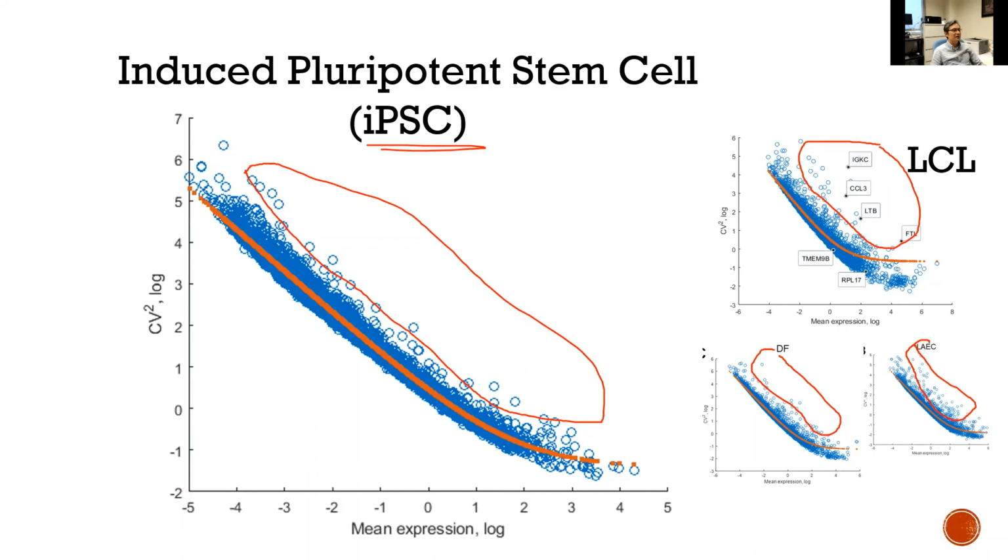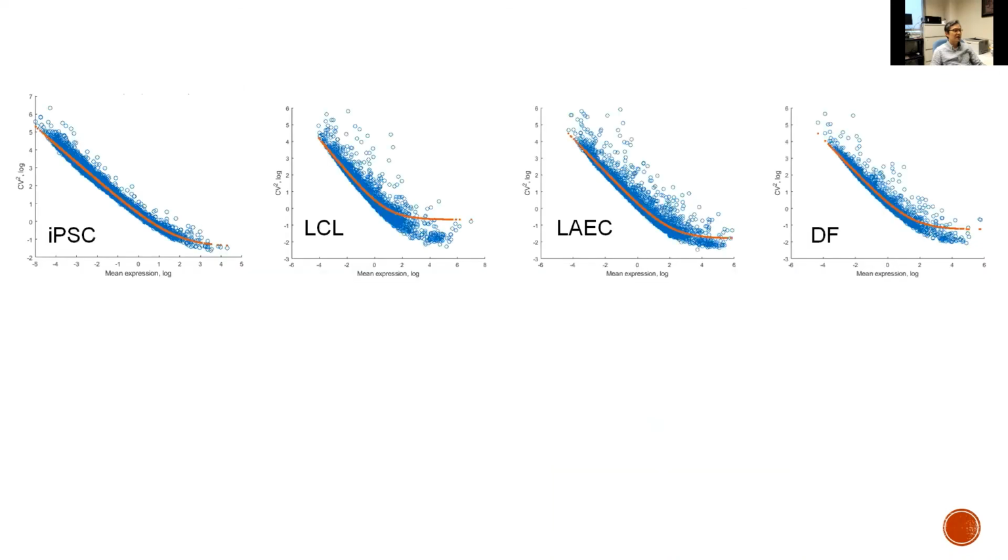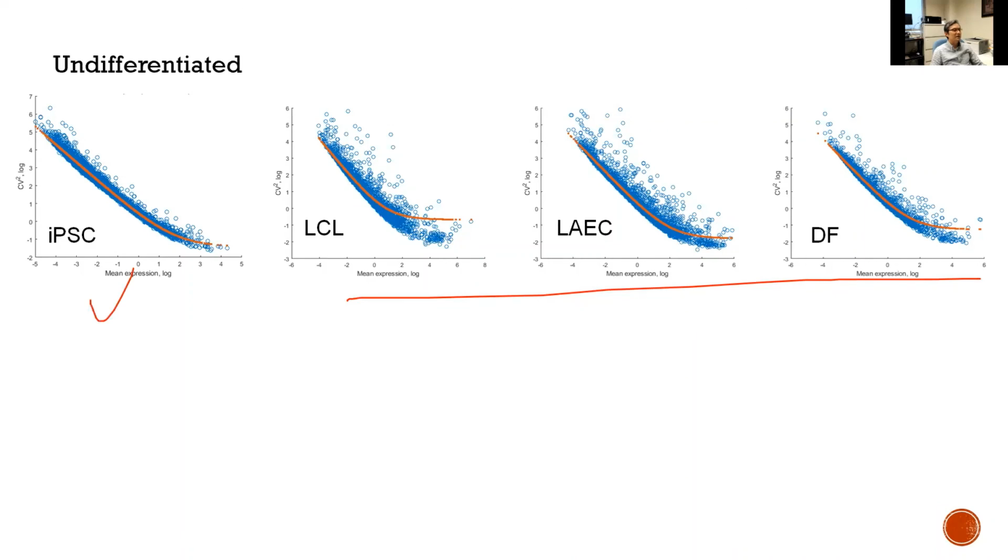So this cell line has no highly variable genes identified, and accordingly, there's no enriched function associated with this cell line. This gives us an idea of the difference between these 3 and this stem cell: this is undifferentiated, and all these are highly differentiated cells.